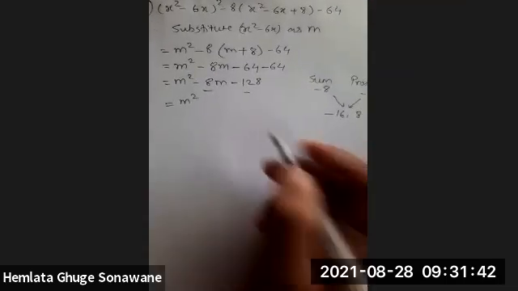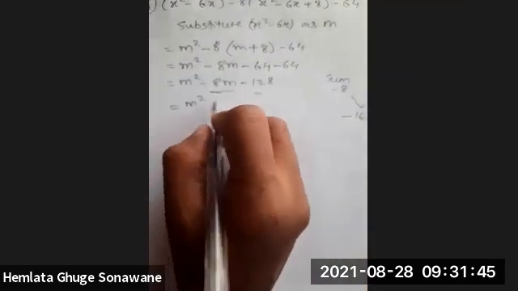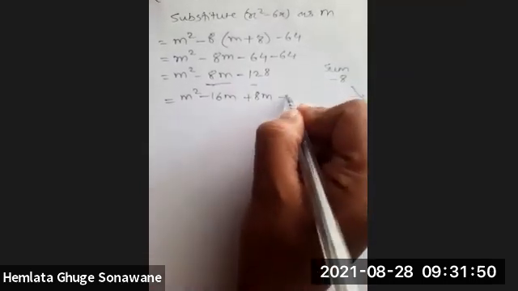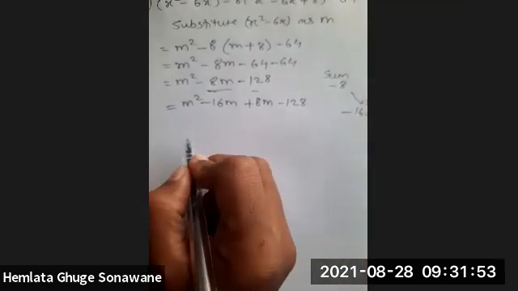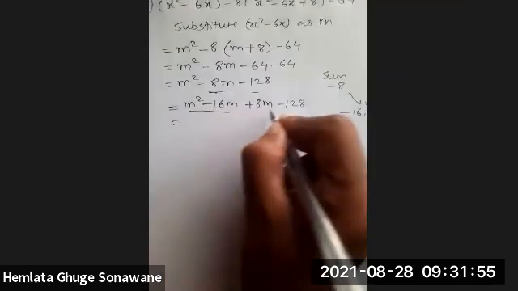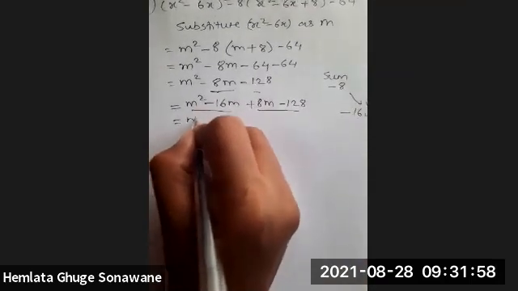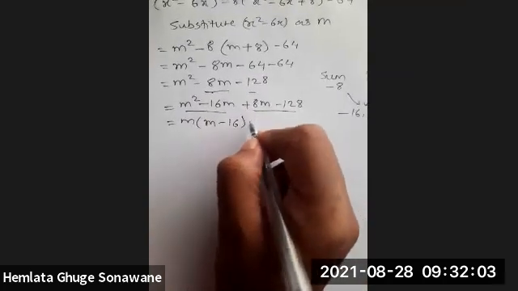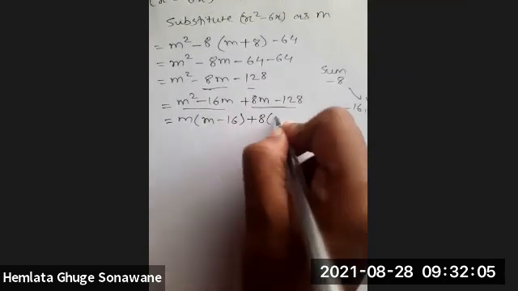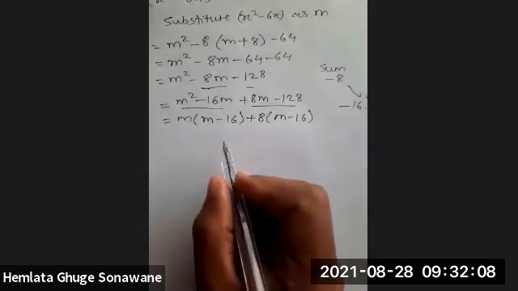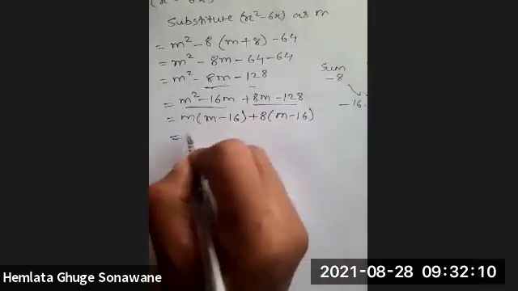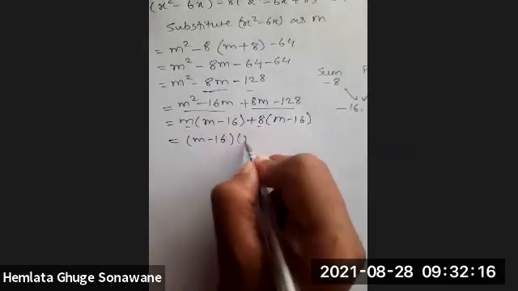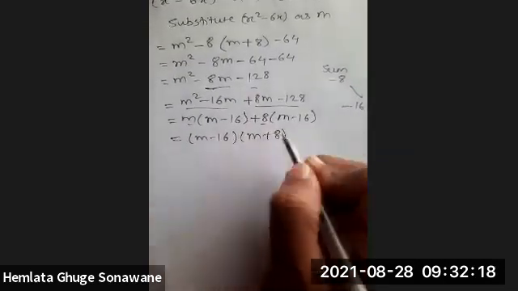So we'll split 8m into minus 16m plus 8m minus 128. We'll take common factors here. m is common, m minus 16, plus here we'll take 8 common, so m minus 16 remains. I'll write m minus 16 and m plus 8 into the other.